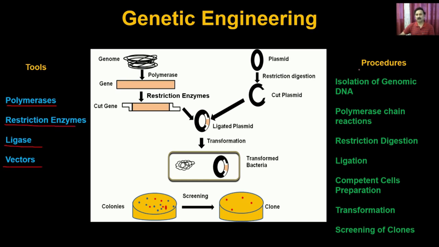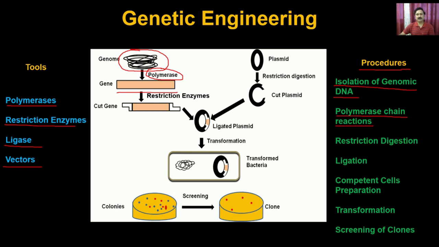Whereas in the case of procedures, if you want to generate genetically modified organisms, first you have to isolate the genome of the particular organism. So the first procedure is the isolation of genomic DNA, and then with the help of the polymerase enzyme you can isolate the gene, simply by going with the polymerase chain reaction.